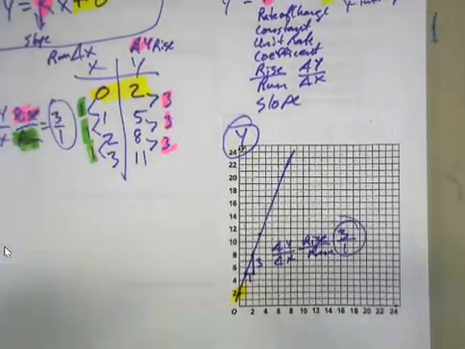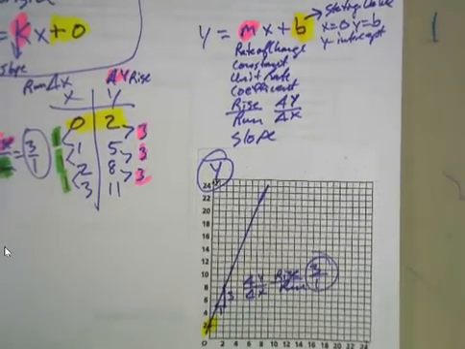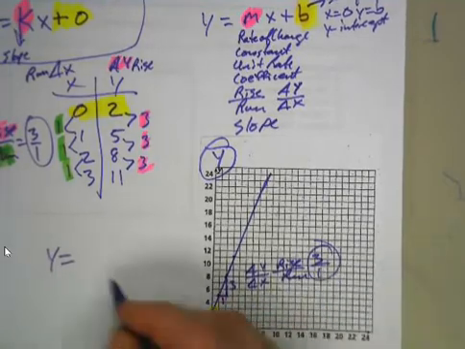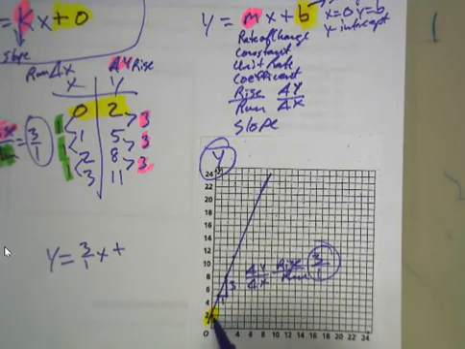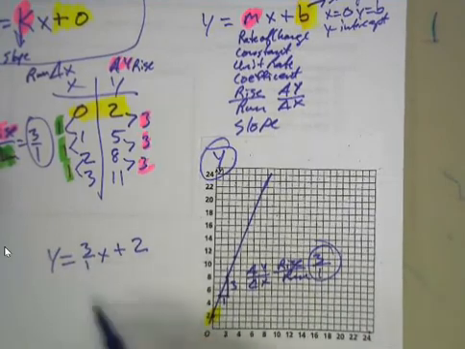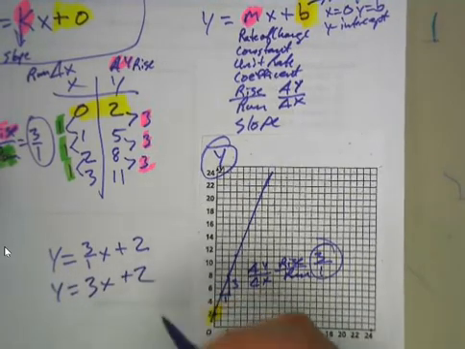So now when we write our equation in the y equals mx plus b format, we get y equals, what's our rise over run? 3 over 1x, plus what's our y-intercept? 2. So our only real change here, and this could be rewritten by doing the division, 3 divided by 1 is 3, is y equals 3x plus 2.